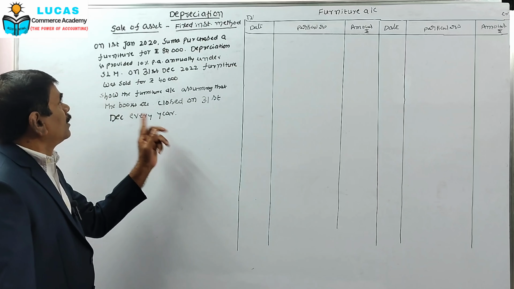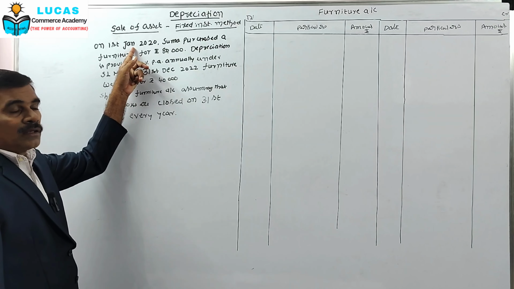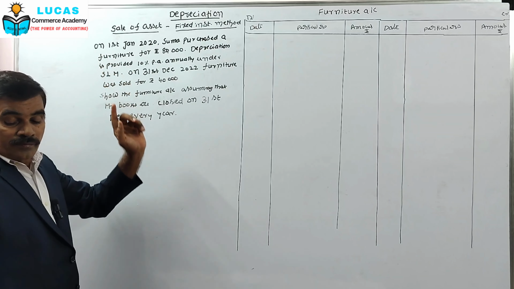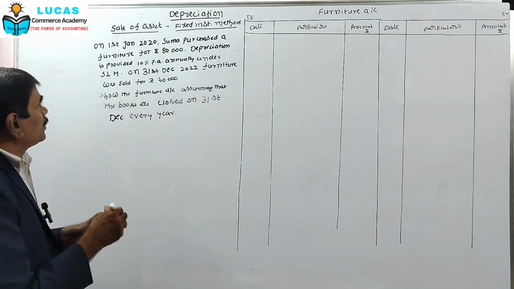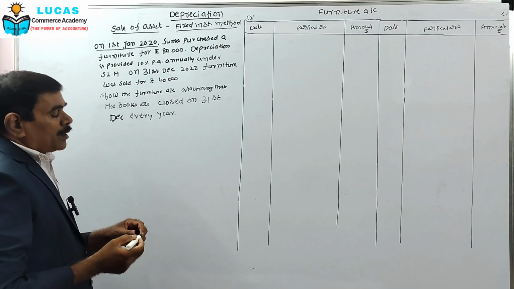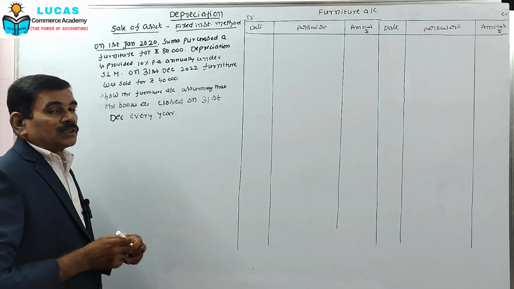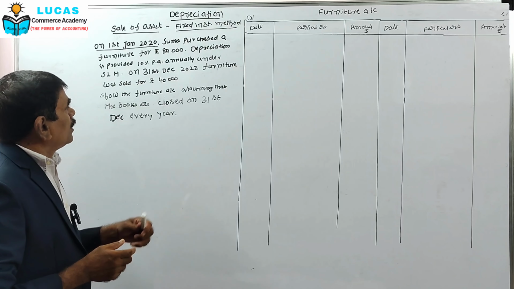See, on 1st January 2020, Suma purchased a furniture for rupees 80,000.